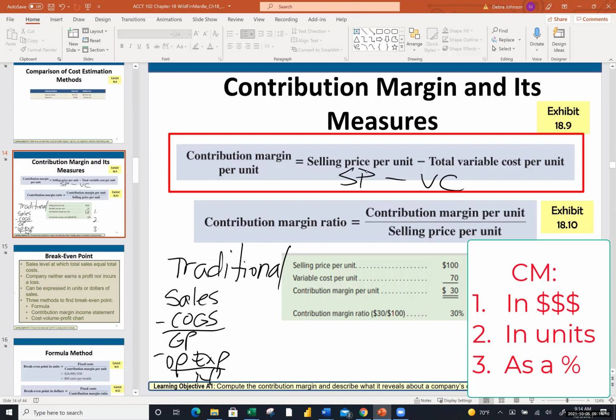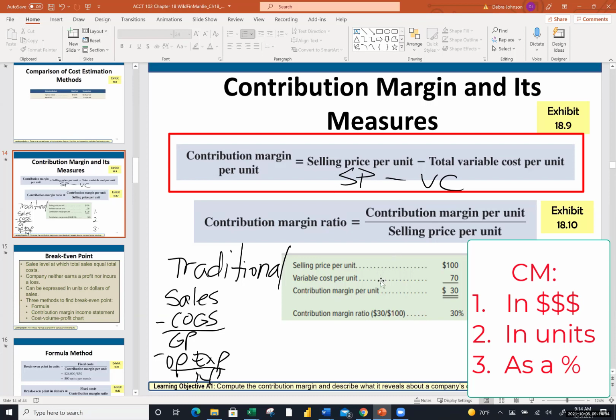It's not part of cost of goods sold, but it is a variable cost. That's why we're going to change the way we think now about these items. So all the variable costs associated with the unit that you're making, whether they're factory costs or selling costs, all the variable costs of selling that is our contribution margin.